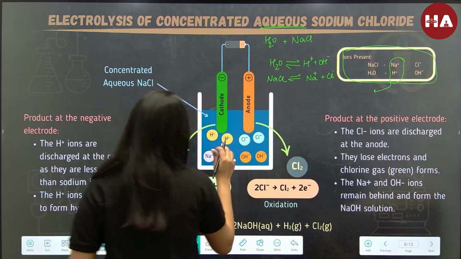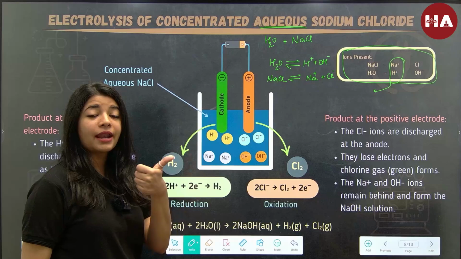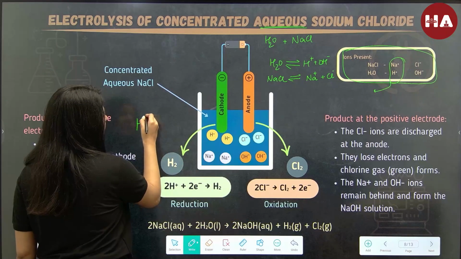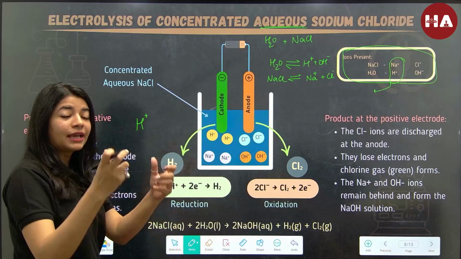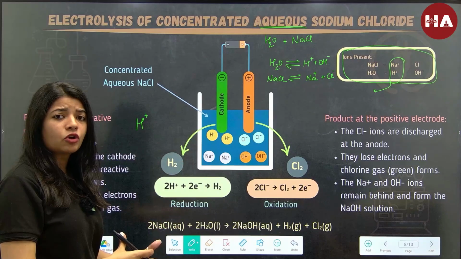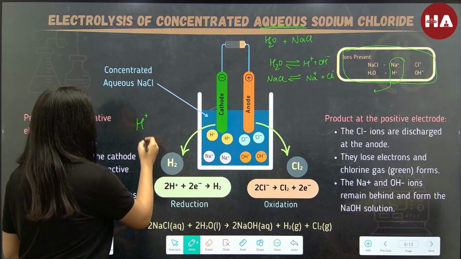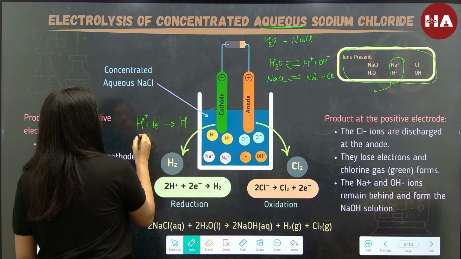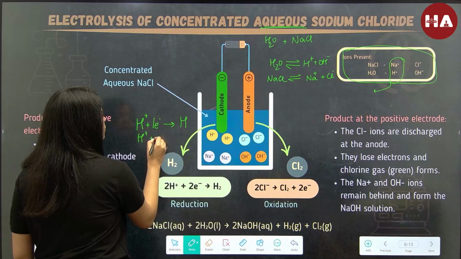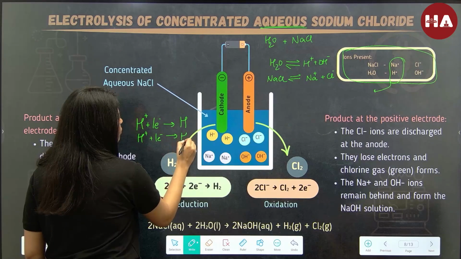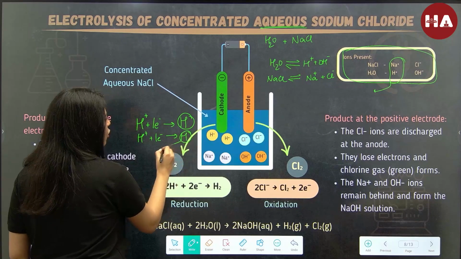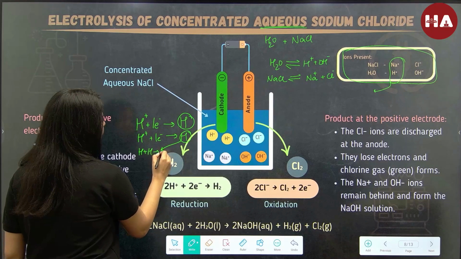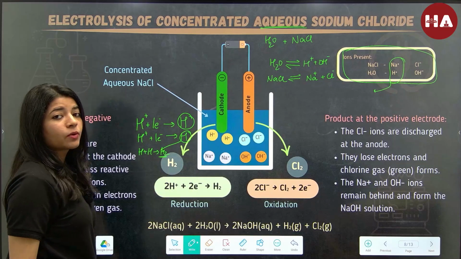So what will get deposited? Hydrogen will get deposited, and hydrogen is a cation. How will I write it? H+, and the cathode is negatively charged, so it will gain an electron. If it is gaining an electron, reduction is taking place. It will gain 1 electron and become H. Similarly, another H+ will gain 1 electron and become H. Now both these H atoms form a molecule by forming a bond between them, because it is a diatomic gas, so H2 will be produced.